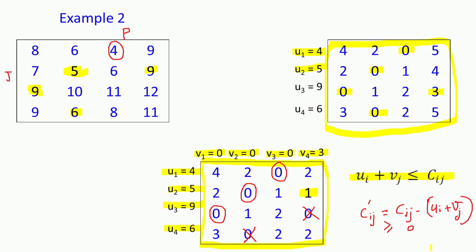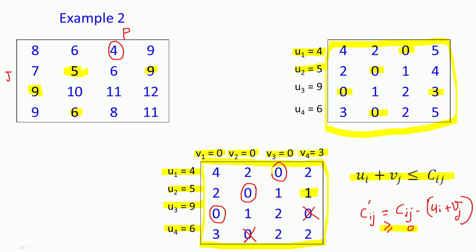The ui's are the row minimum, the vj's are the column minimum, and ui plus vj will be less than or equal to Cij, because by subtracting the row minimum and column minimum we make sure that the resultant matrix is greater than or equal to 0, which is here. Therefore, it is dual feasible, ui plus vj less than or equal to Cij, and the ui's and vj's are unrestricted.